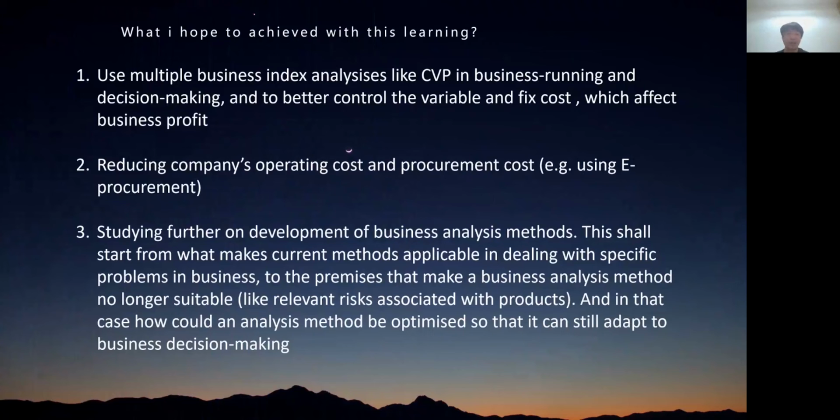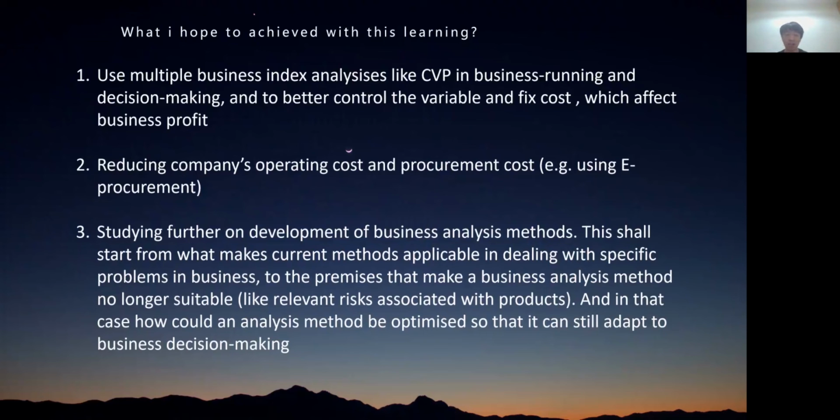The next thing is we're looking into ways in which we can reduce companies' operating cost, which is known as one of the biggest problems that can largely determine one company's competitiveness. According to the relevant study, some alternative methods like online procurement can reduce this operating cost, because by reducing the cost we spend on, for example, a workplace and on labor, because you are taking orders online, this expense can actually be saved.